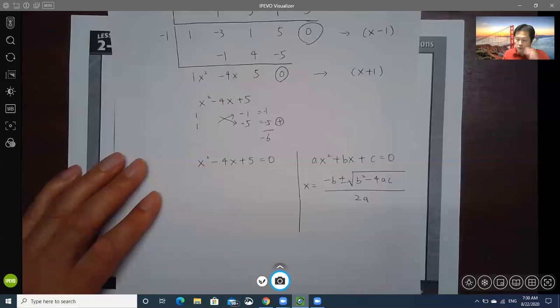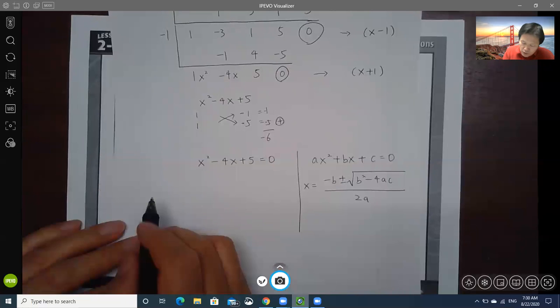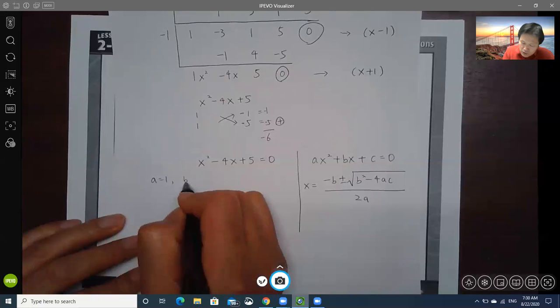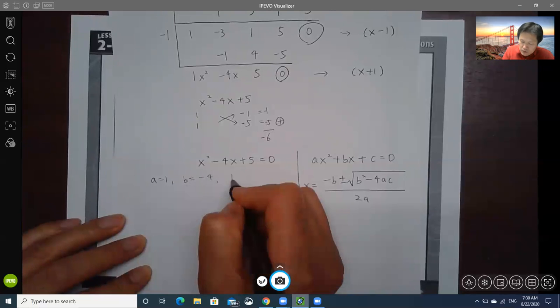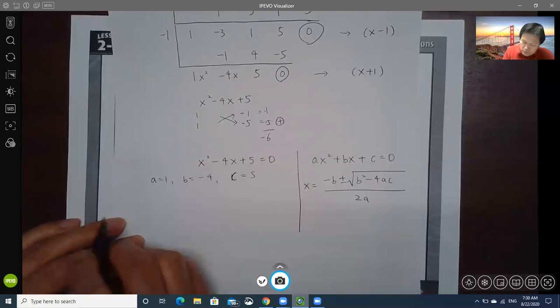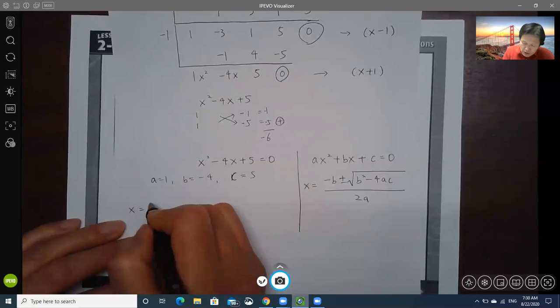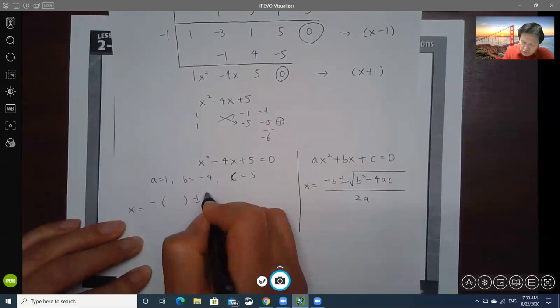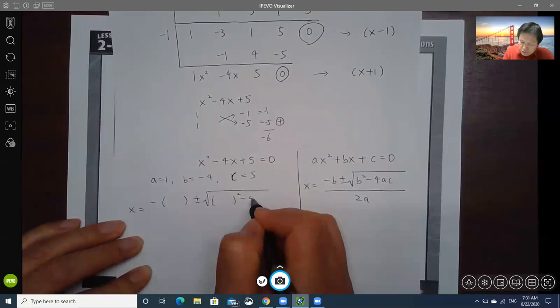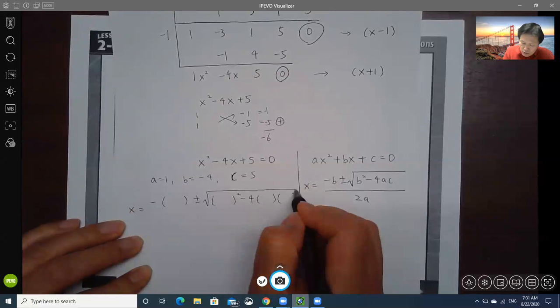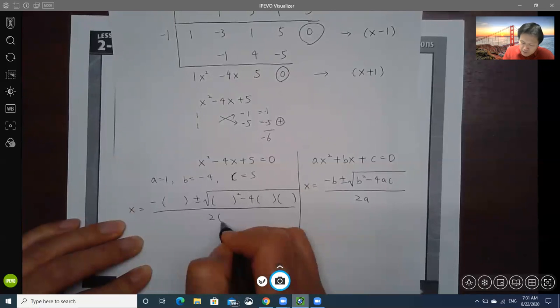That's how you apply the quadratic formula. So a is 1, b is minus 4, c is 5.